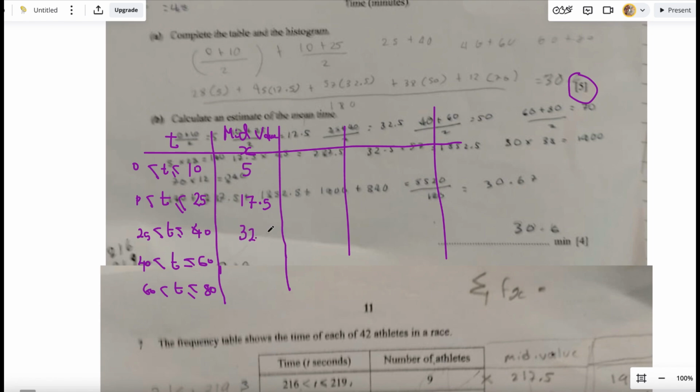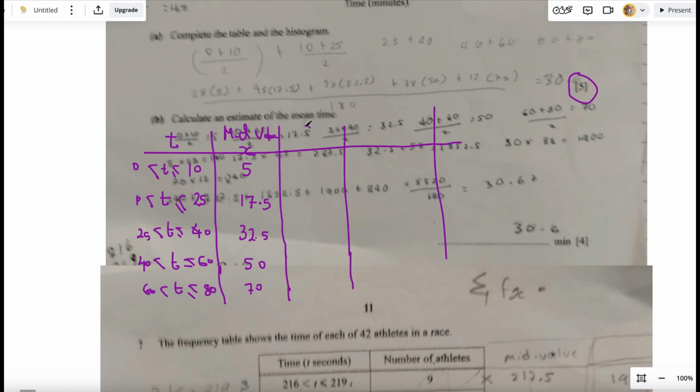The next one is 40 plus 60, that's 100. 100 divided by 2, you get 50. The next one is 60 plus 80 is 140, divided by 2, you get 70. So these are called the mid values, the values of x. You do this quickly. In the exam hall, it doesn't take any time.